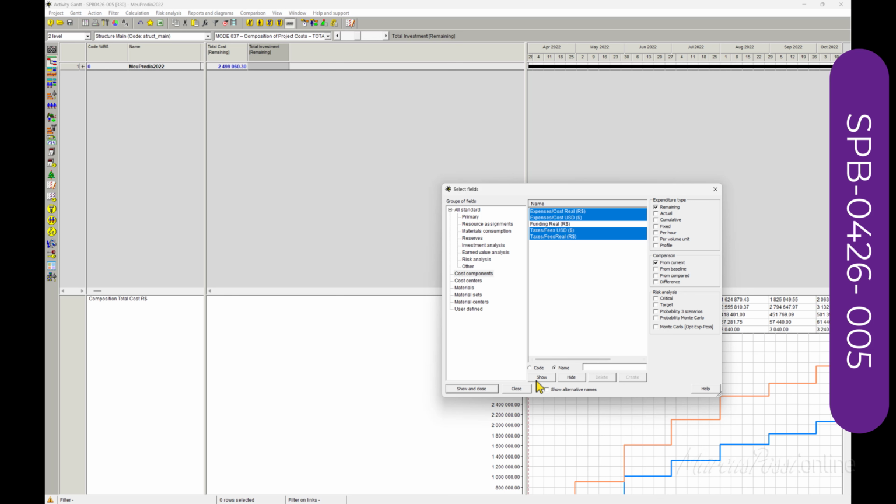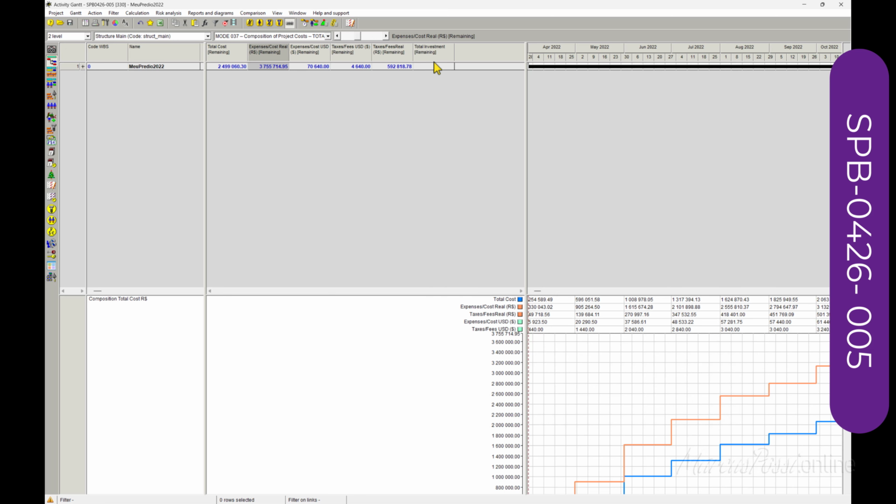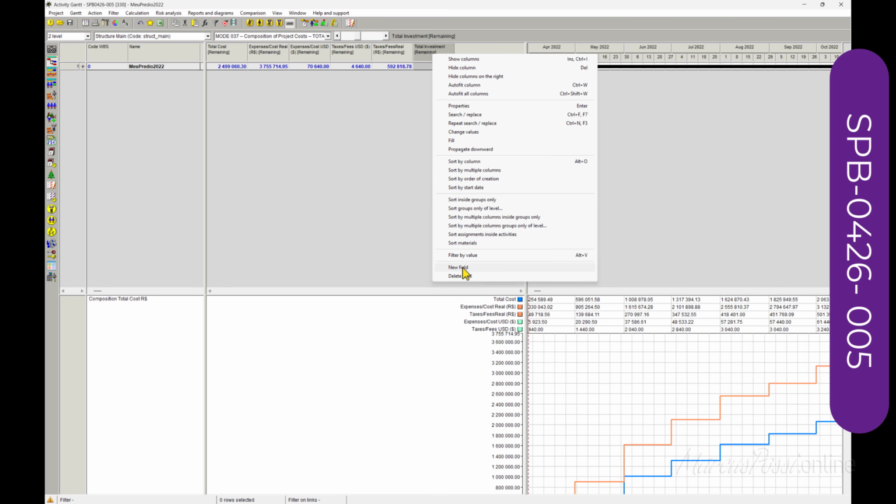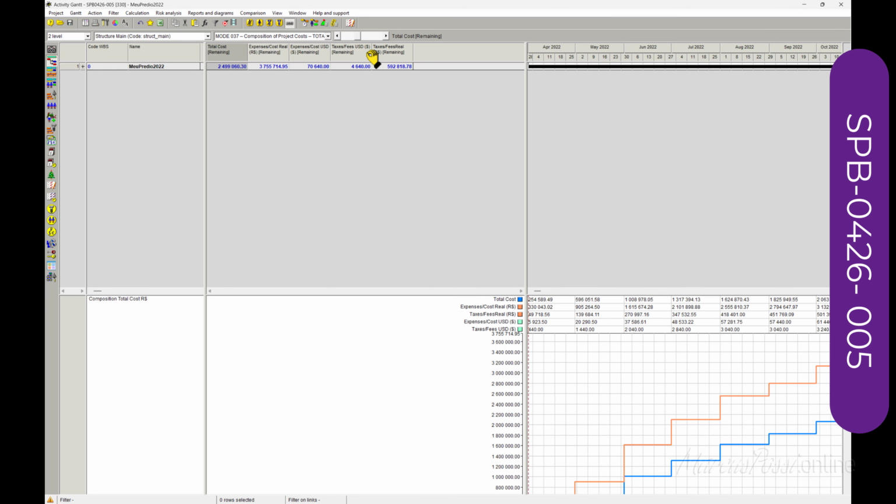Okay. Besides the cost center, I can show its components. If you sum, I think, total cost remaining, if you sum all these costs here, we'll reach this one.